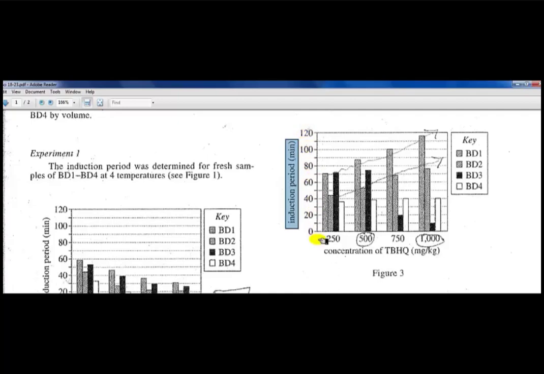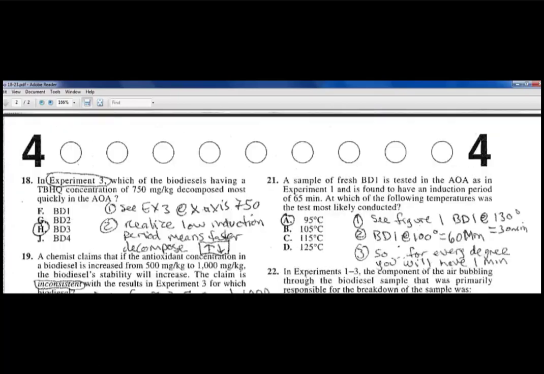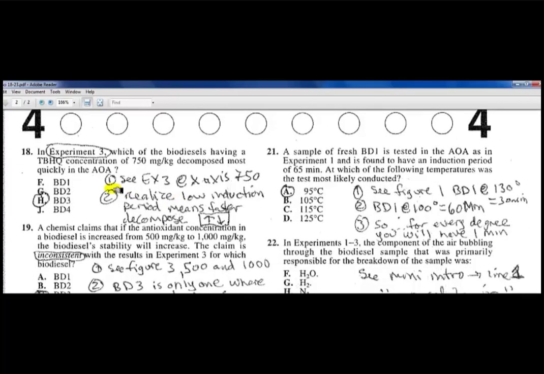Now, we are asked in this question about 750. Here is 750 here. We are looking for the answer to come out of this column here. Let's go back and take a look at what they're asking us one more time. It says here, which of the biodiesel fuels has the concentration of 750 that will decompose the quickest?